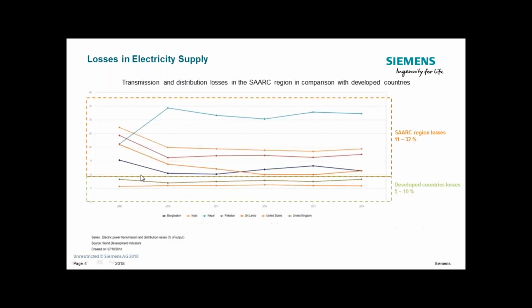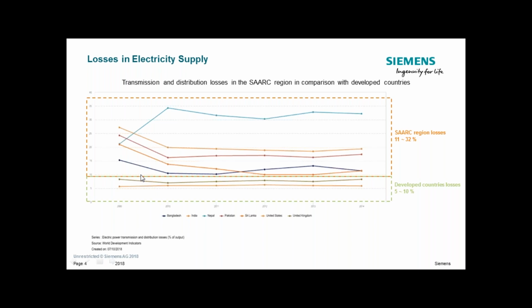Here we have presented some of the losses in the SARC region, as reported by different entities; here we are referring to World Bank figures. In developed countries, the losses are in the range of 5 to 10%.